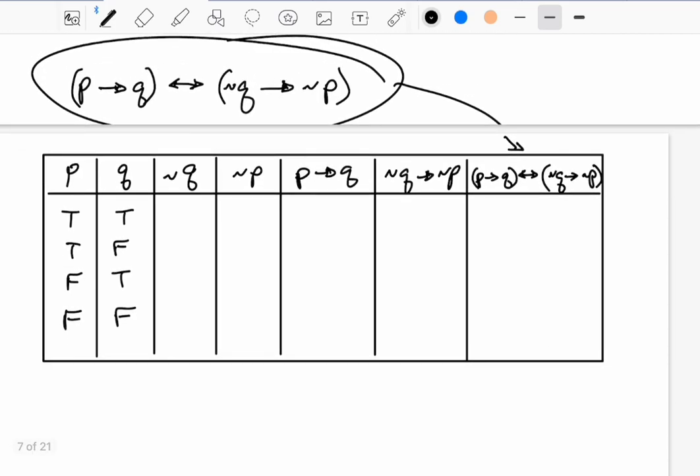So I find not Q, which is the opposite of all the Q values here. So I'll do that in blue. False, true, false, true. The not P column is the opposite of everything that's in the P column. So false, false, true, true.